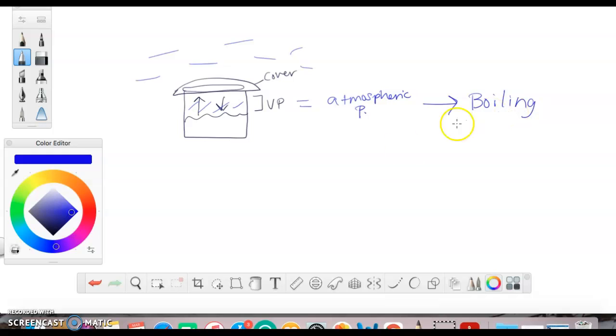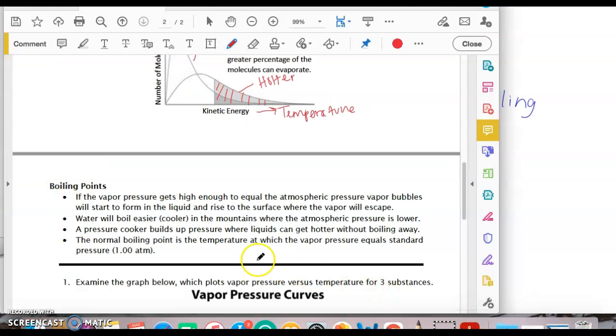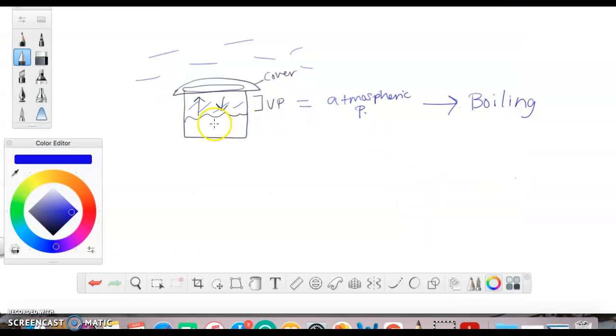So boiling point, or boiling in general, is where your vapor pressure gets hot enough to equal your atmospheric pressure. So vapor pressure gets high enough to equal the atmospheric pressure, and that will cause bubbles in your system, and those will actually start at the bottom.